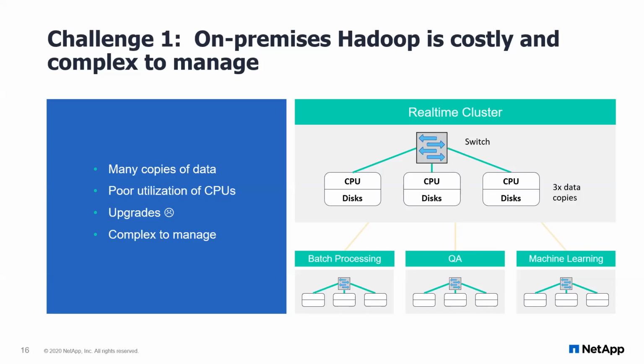The ratio of productive work you're doing to the amount of CPU using is actually pretty low. Anybody that has done upgrades of this stuff on premises knows what a nightmare it is, right? And really complex to manage. And we really want to be focused on deriving value from the data, not managing all this infrastructure. Okay, so this was the first challenge. Next slide, please.